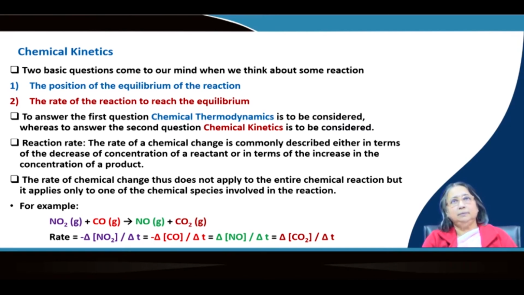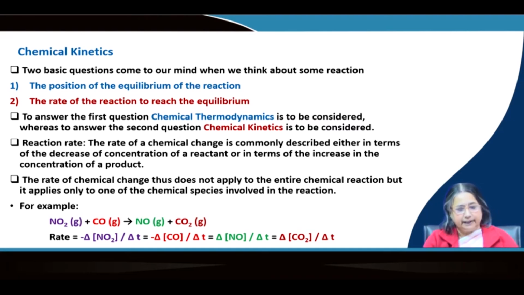When we talk about chemical equilibrium, we never talk about the speed of the reaction. That means whether it will be fast or slow will be handled in chemical kinetics. To answer the first question, chemical thermodynamics is important, and to answer the second question, chemical kinetics is important.